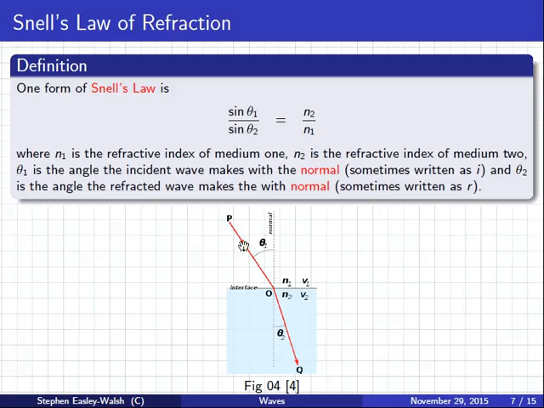The light that comes in is called the incident, and the light that comes out, refracted. You should write those four words down: i and r, and then incident for in, and refracted for out. This is the incident, and this is the refracted.